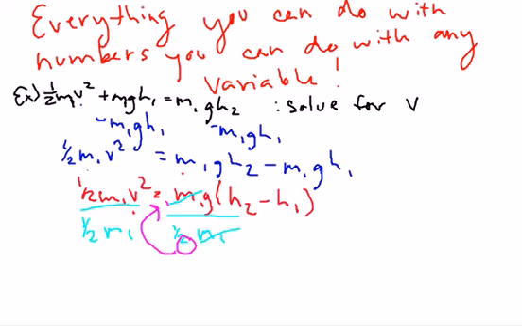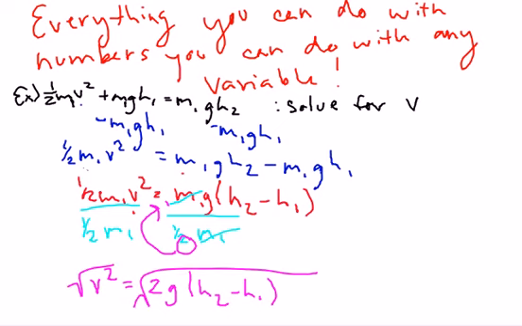You can think of it as almost like a double negative, which means it ends up popping back on the top. So later it's going to look like v squared is equal to 2g times h2 minus h1. And then remember, we have a square, so the way to undo that square is square root both sides. So ultimately, you would get v equals the square root of 2g times h2 minus h1.